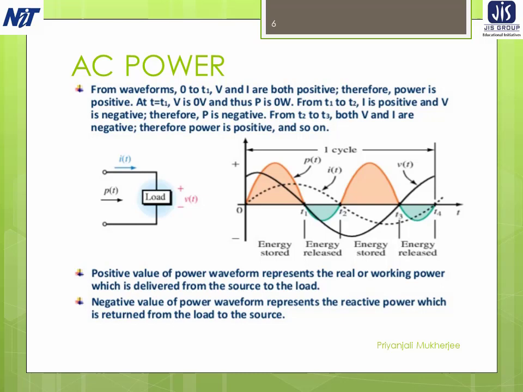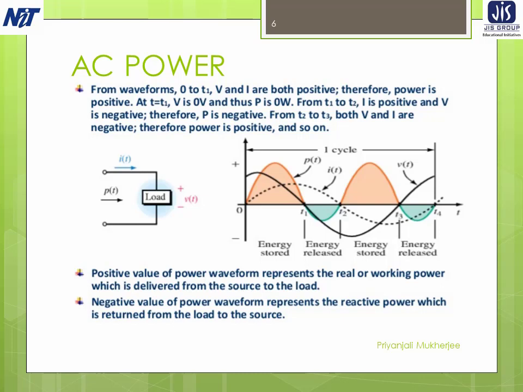Now at T1, V is 0 volt, so the power is 0. And from T1 to T2, the current is positive, but the voltage is negative. Therefore, the power becomes negative. Similarly, from T2 to T3, both the voltage and current are negative and power is positive, and so on.